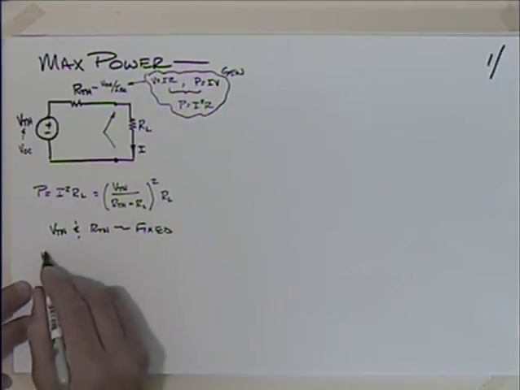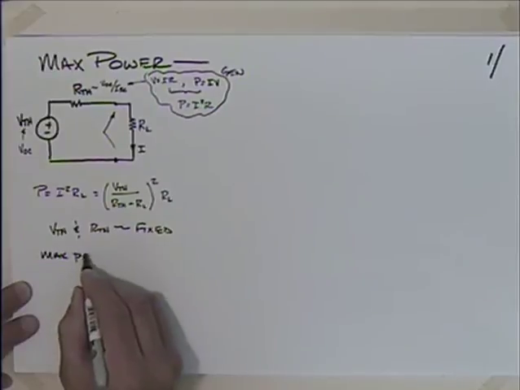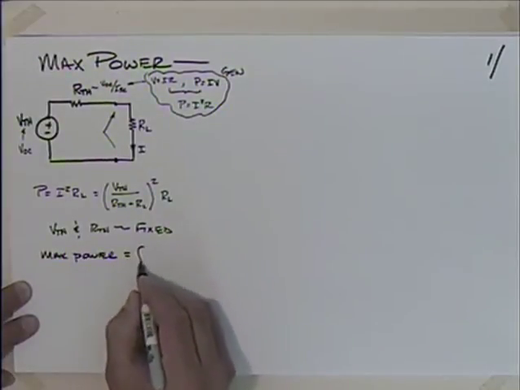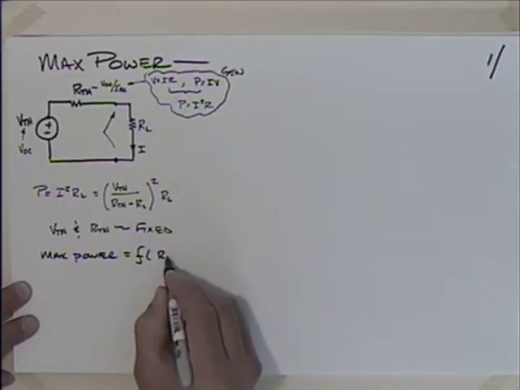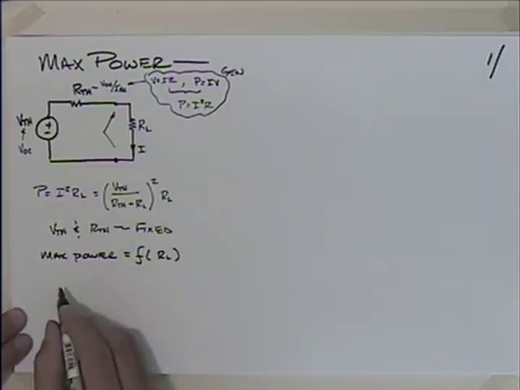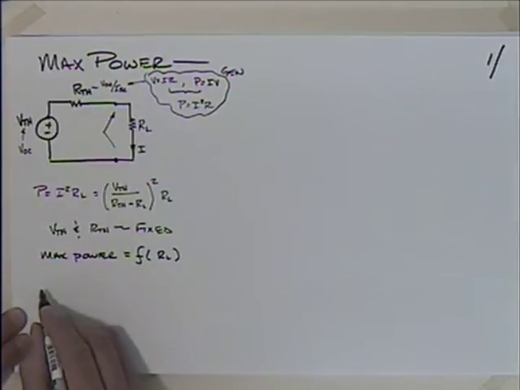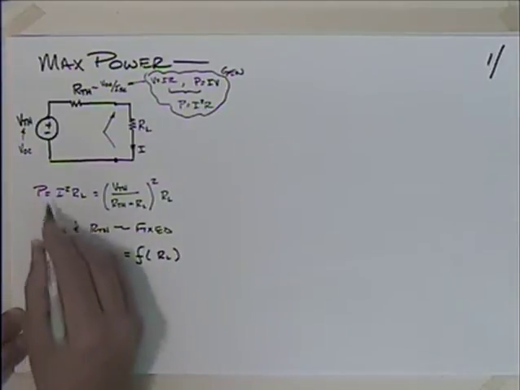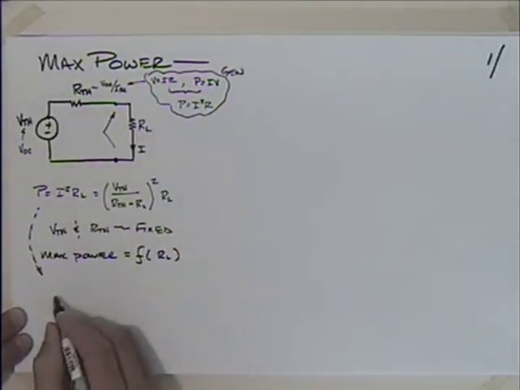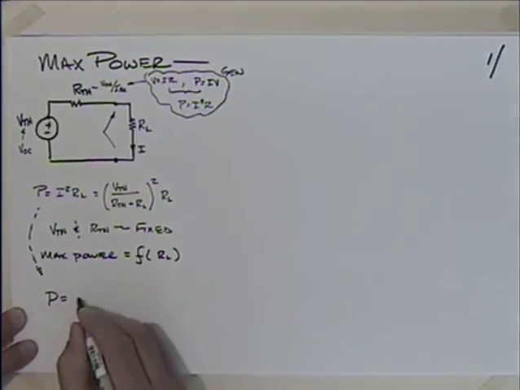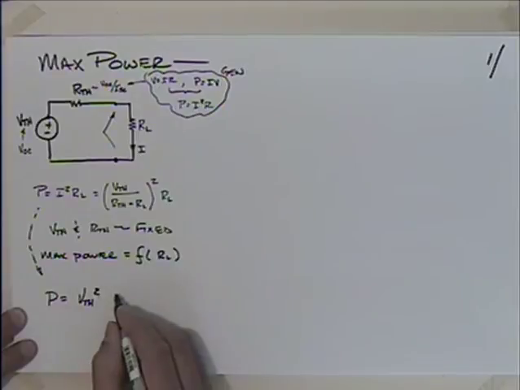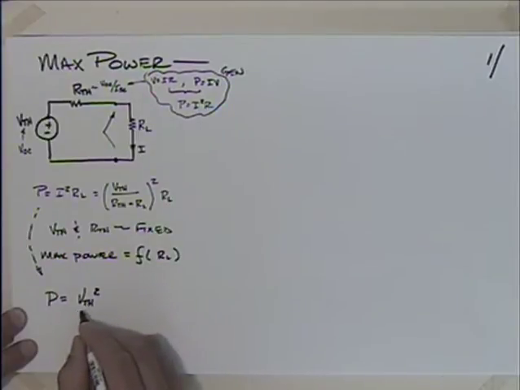So we can say then that maximum power is a function of RL. So let me rearrange this expression a little bit. We could say that power is equal to V Thevenin squared, bring that outside, because that essentially is a constant.